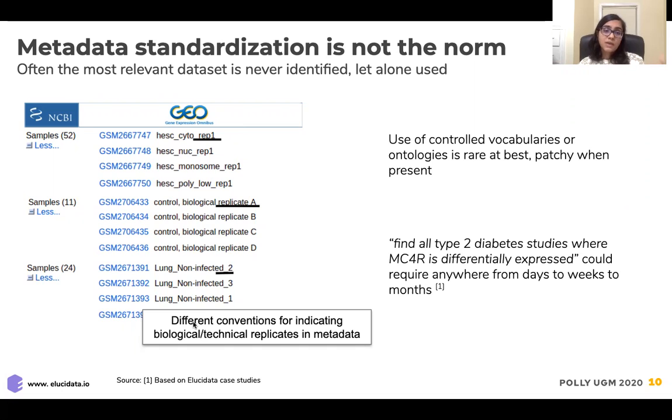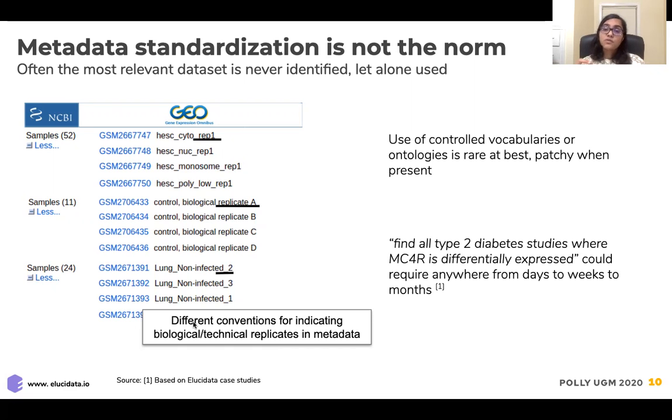A human can potentially understand these, but to build machine learning models, we will not be able to use these data because the identifiers and conventions for naming them are not consistent. Use of controlled vocabularies or ontologies is very, very rare, and it's extremely patchy when present.